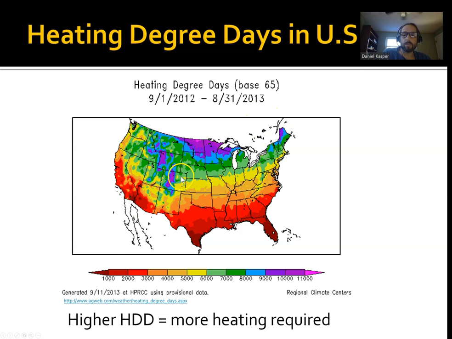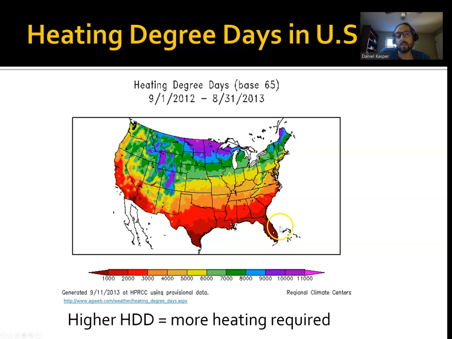And then you notice you have these pockets here, which hopefully you have enough of a sense of geography to know that this is the Rocky Mountain region. And so those are high elevation. It gets really cold in the winter in the high elevation, so you have more HDD. Whereas you get down to Florida, right? And it's 1/5 or less of the HDD of the northern United States, which makes sense.